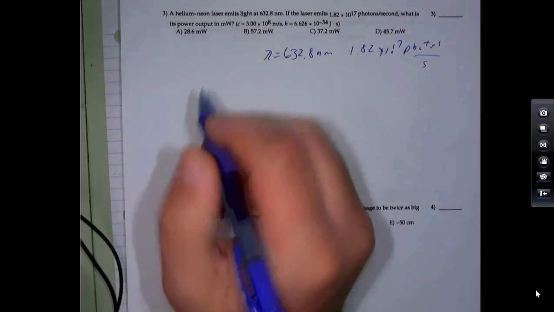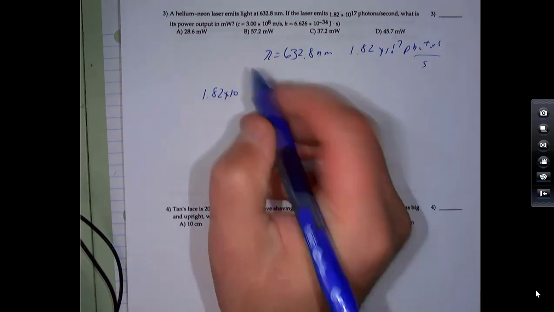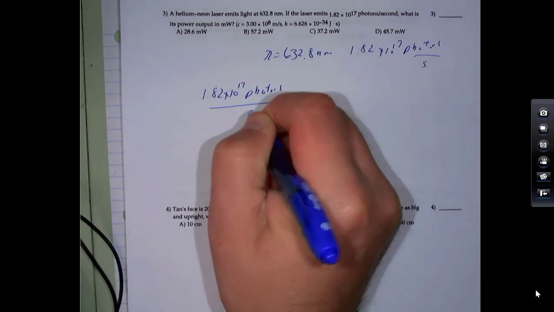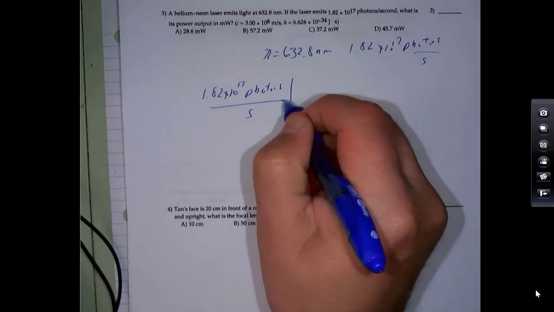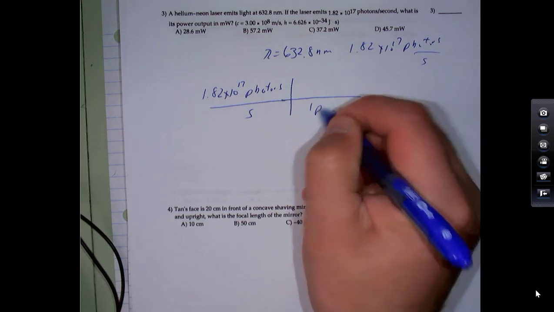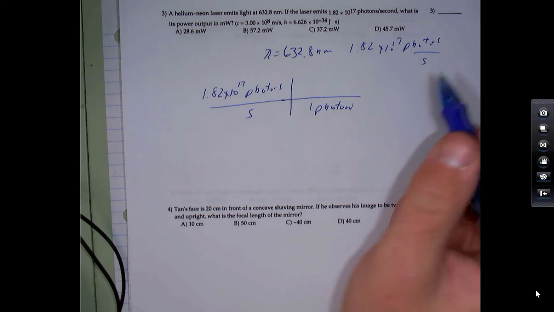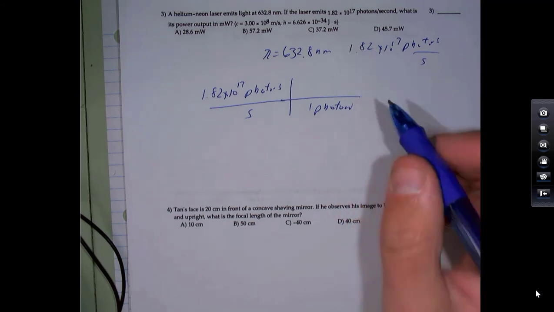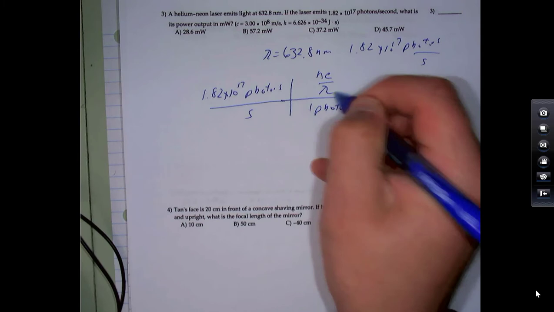You've got 1.82 times 10 to the 17th photons every second. We need to know how many joules per second we have. Okay, so we know one photon has an energy of, and you can do it the way I'm doing it, or you can figure out the energy for one photon by yourself, but the energy that a photon has would be hc divided by the wavelength.